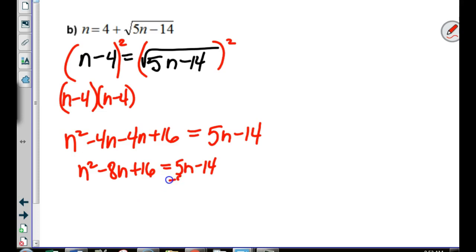So if I subtract 5n, and add 14, anybody know how that'll factor?